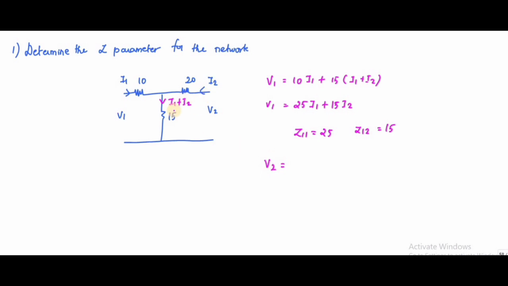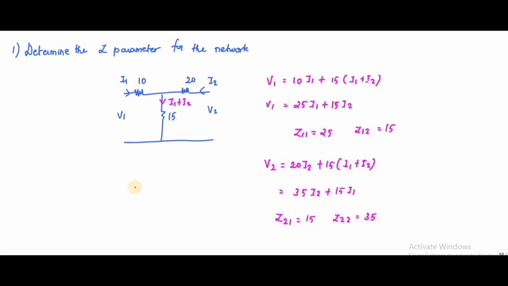What is V2? V2 is equal to 20 I2 plus 15 (I1 plus I2). So that is equal to 35 I2 plus 15 I1. From this I can write Z21 is equal to 15 and Z22 is equal to 35.